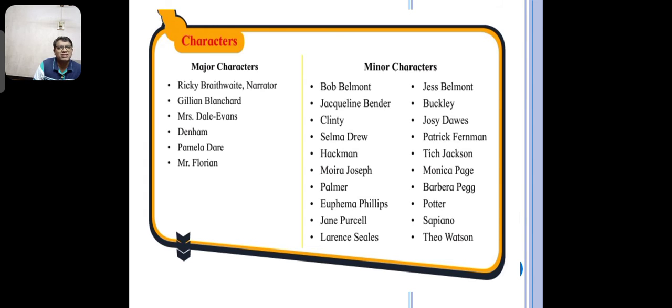So these all are the minor characters. We meet these characters in between the story, and we meet the major characters throughout the story. That is the difference between major and minor characters. So that is the characters.